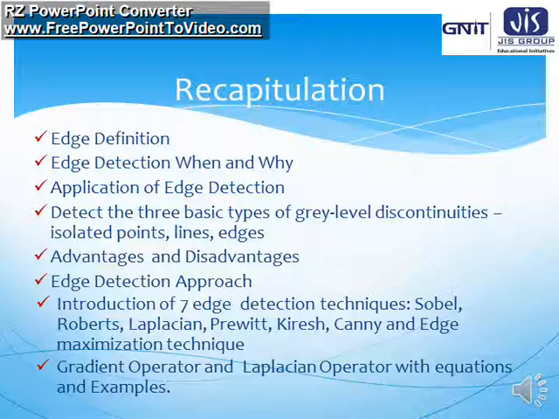Then the applications of edge detection techniques in several fields, and the importance of those applications. Then we detected the 3 basic types of gray level discontinuities: isolated points, lines, and edges. We have also studied the advantages and several disadvantages of edge detection techniques, which are mentioned as limitations.